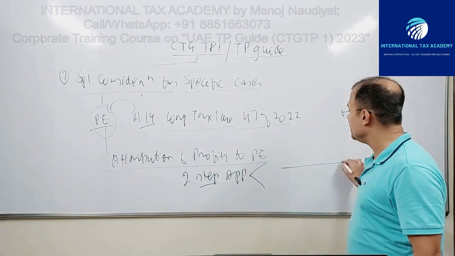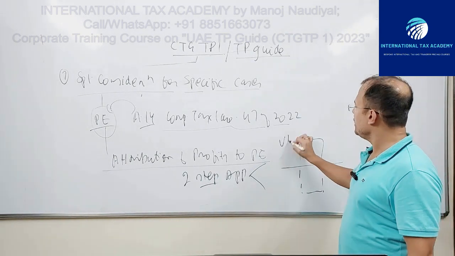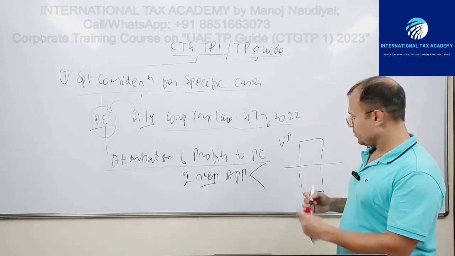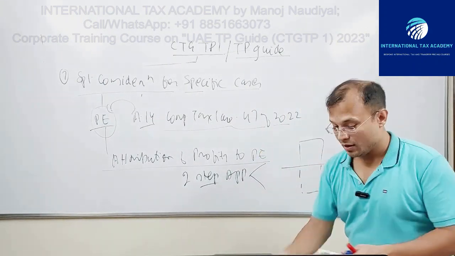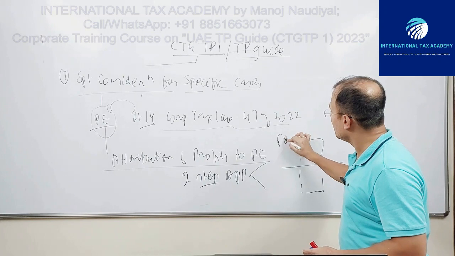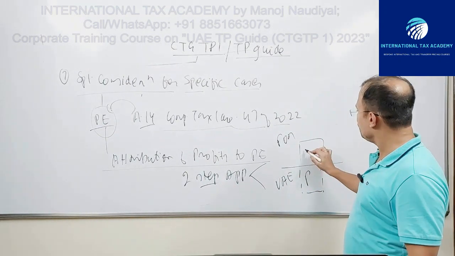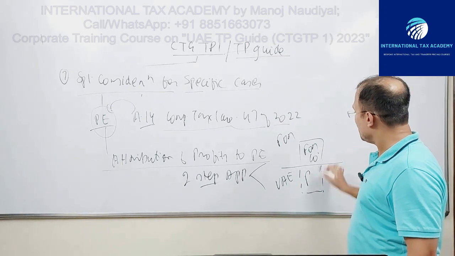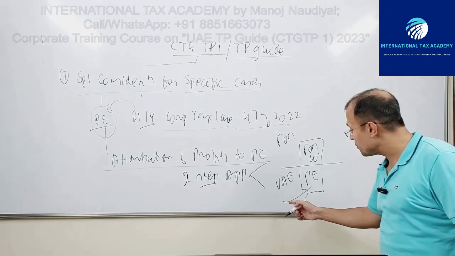For example, this is a foreign jurisdiction, and this is the UAE. So this is the foreign company, and this is the PE. So how do you attribute profits to this PE?